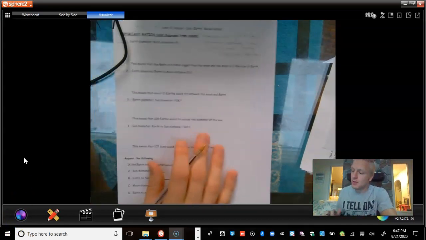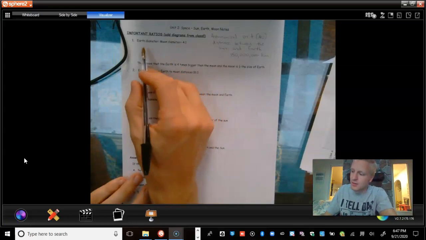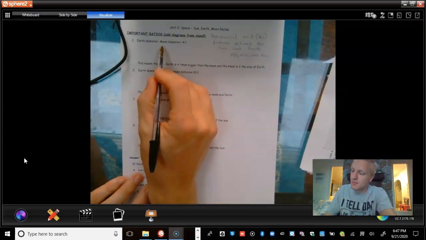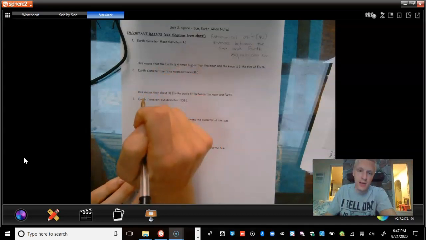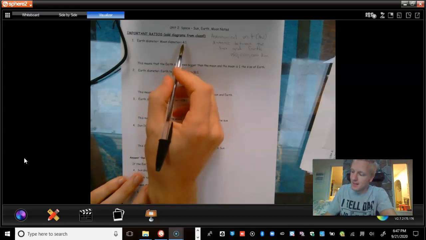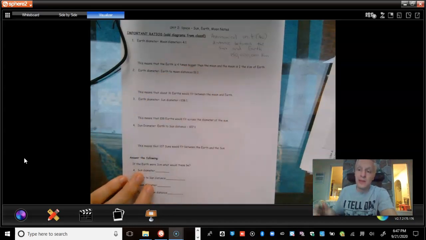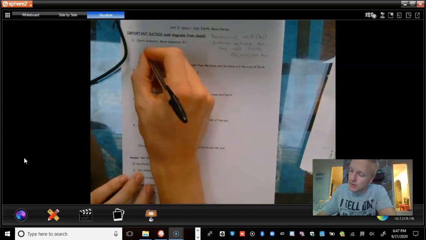Alright, so talking about ratios, the Earth diameter versus the Moon diameter is a 4:1 ratio, meaning that it would take 4 moons to equal the size of 1 Earth. So here's a little visual drawing.